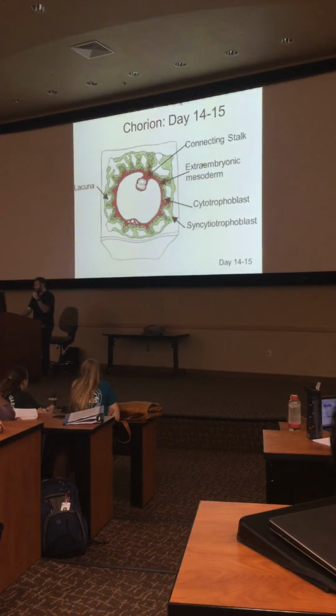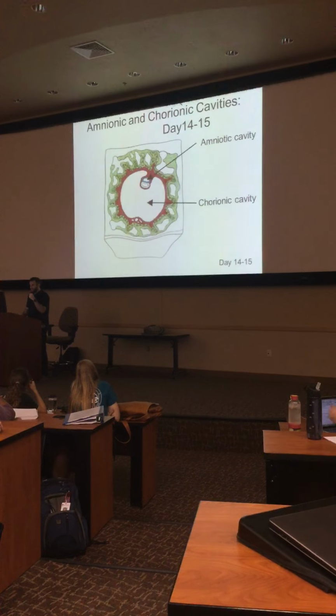The chorion is all three of these layers: extraembryonic mesoderm, cytotrophoblast, and syncytiotrophoblast. And then it has labeled lacunae, but you guys know what lacunae are now. The active thing is with different cavities labeled. Cool.